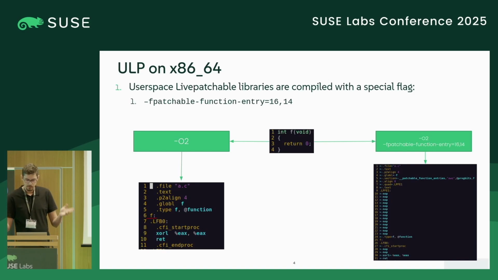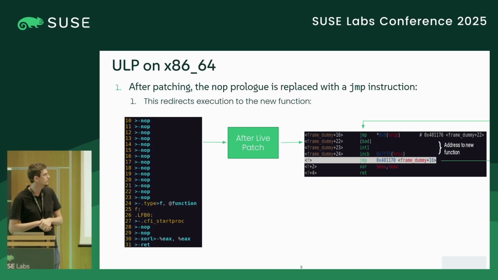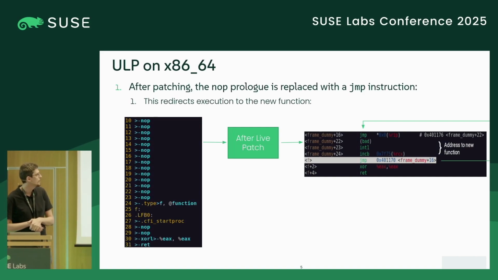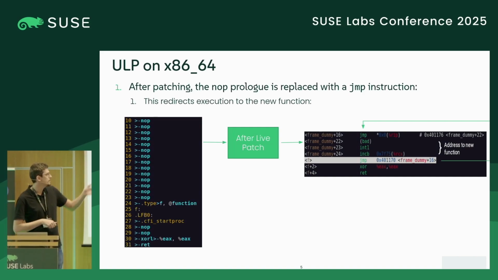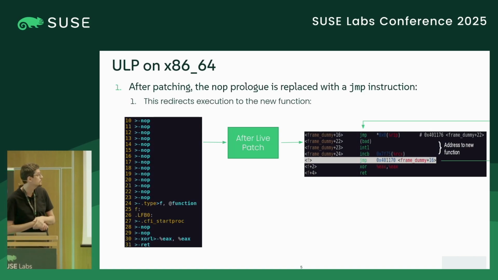That's how we redirect functions on Userspace Livepatching. This figure shows how the redirection is done. On the full redirection, we use this jmp *0(%rip), where rip is the program counter, and then we embed the function address in the instructions there.